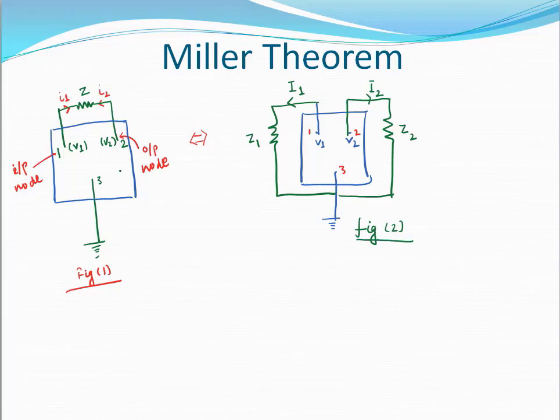Now we will compare figure 1 with figure 2. We have considered it here. The gain V2 by V1 is equal to K. So we will denote the ratio of V2 by V1 is equal to K here.